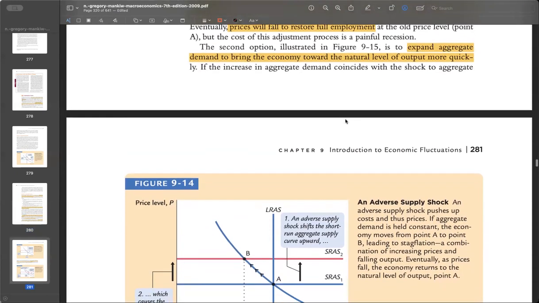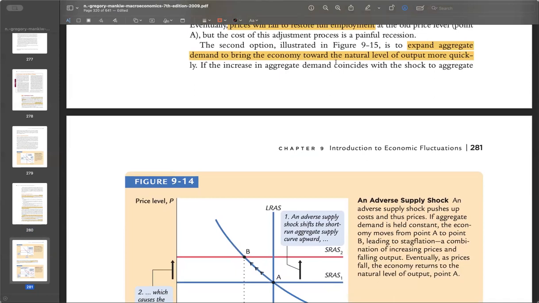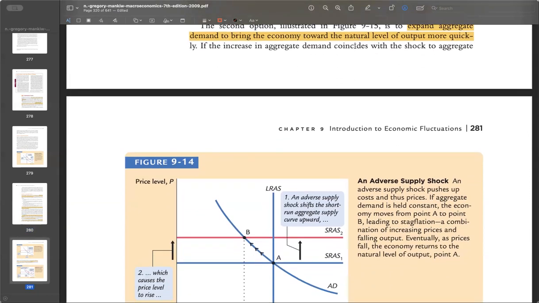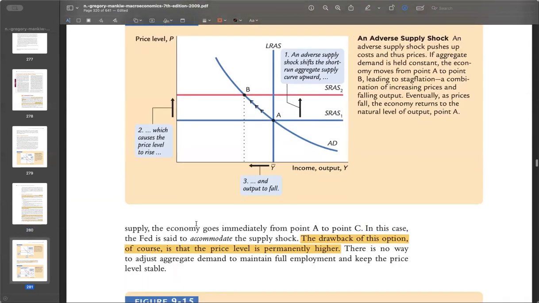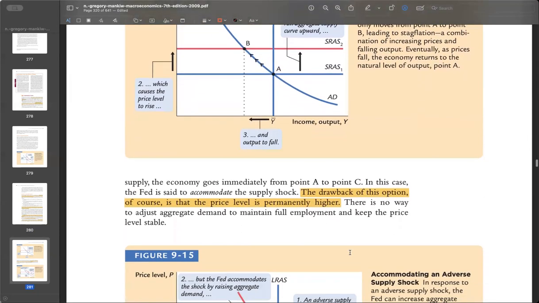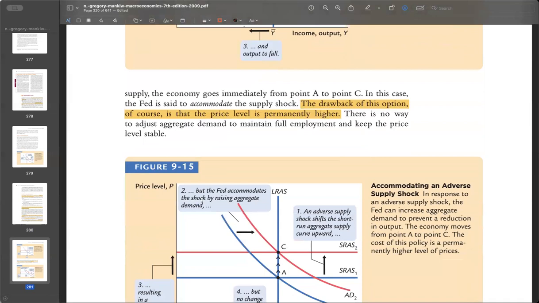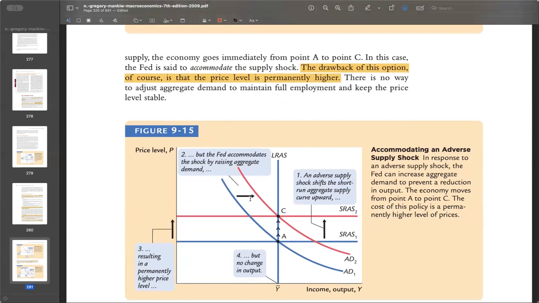The second option is to expand aggregate demand to bring the economy towards the natural level more quickly. If the increase in aggregate demand coincides with the shock, then the economy goes immediately from point A to point C. In this case, the Fed is said to accommodate the supply shock. Let's look at it from here. This 9-15 is basically the same as 9-14, but instead of depicting B, we're moving from B to C. As the supply shock hits, the supply curve shifts up because there's a negative supply shock.